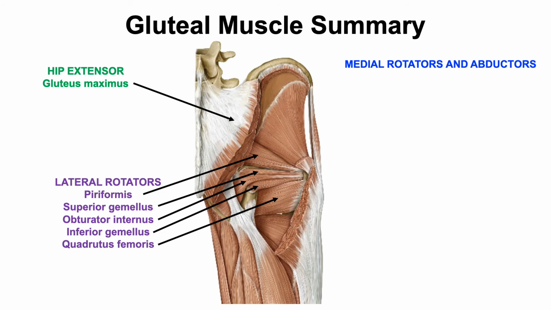All 5 of those muscles are lateral rotators. Then we have medial rotators located superiorly, and this is going to be the gluteus medius, which is cut here, and the minimus. So kind of grouping these things together will help you organize the gluteal region.